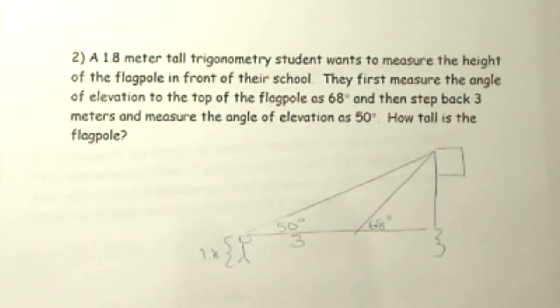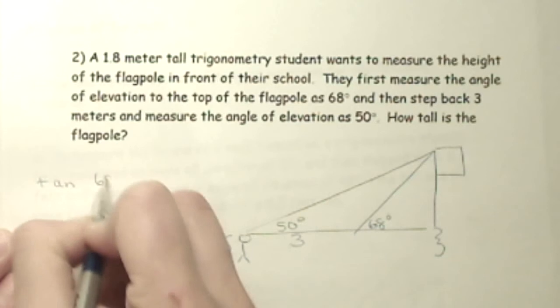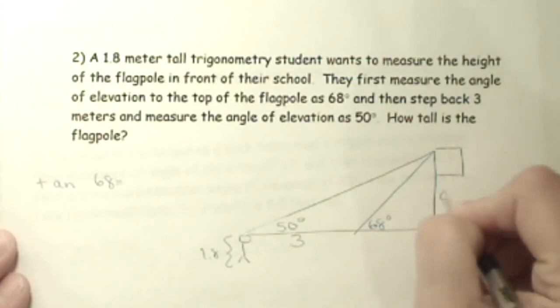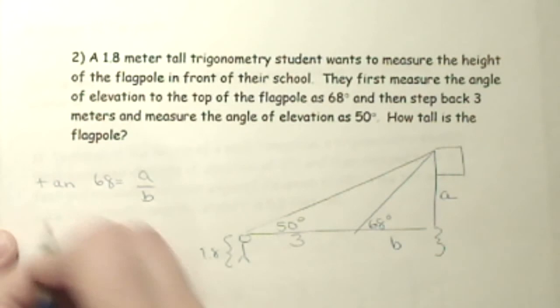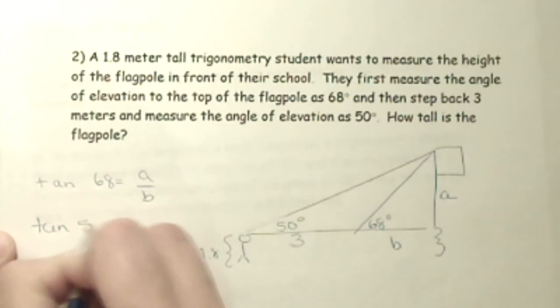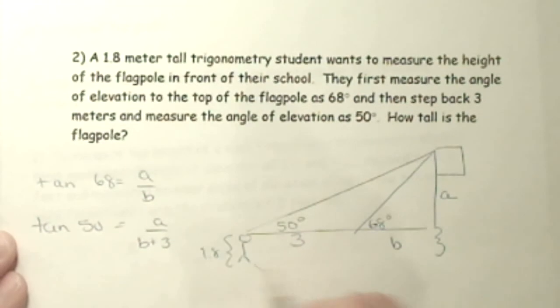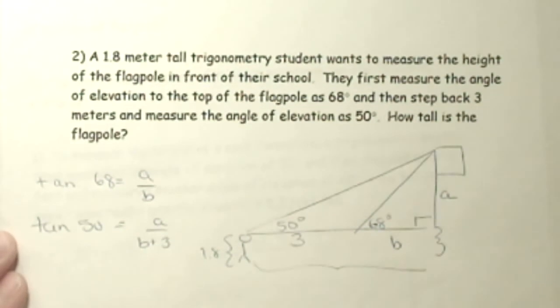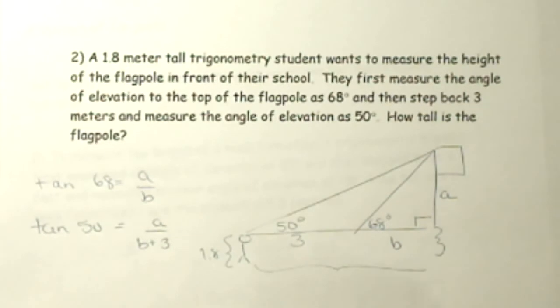If I set up my tangent system, the tangent of 68 is equal to A over B, opposite over adjacent. The tangent of 50 is equal to A over B plus 3 for the large right triangle. So we have that small right triangle, that large right triangle as well.